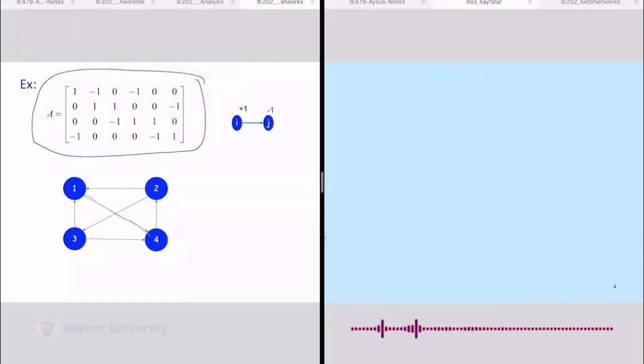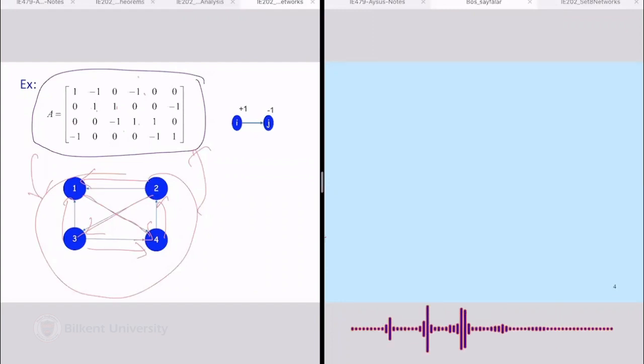And the second arc is from 2 to 1. Third one from 2 to 3. Fourth one from 3 to 1. This one from 3 to 4. And from 4 to 2. Given this, you can write this, and given this, you can write this. Given a graph, you can write the node arc incidence matrix. Given a node arc incidence matrix, you can write the graph.